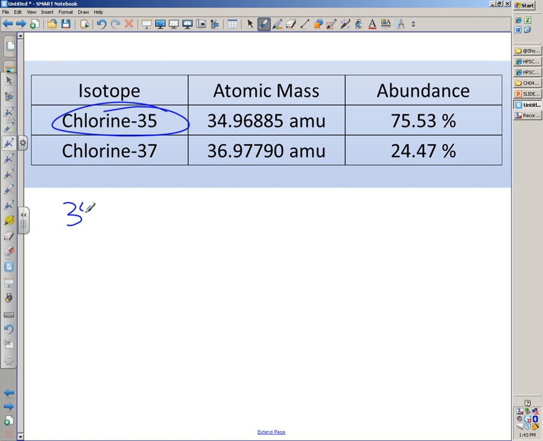You take this number for chlorine 35, 34.96885. I'm going to give that number to you. That's a known value that I give to you. Then, you multiply it by a fraction. What goes on the bottom of that fraction? 100. 100 always goes on the bottom of that fraction. And then the percentage goes up on the top.